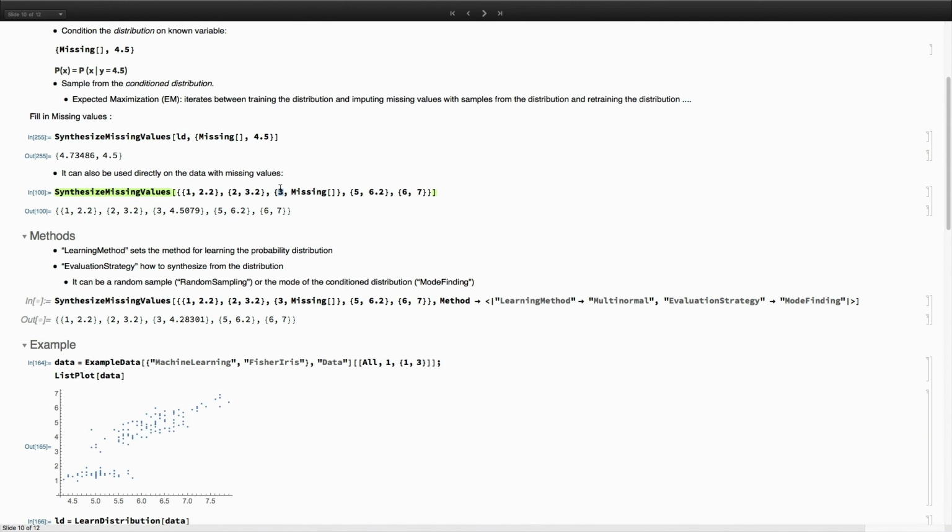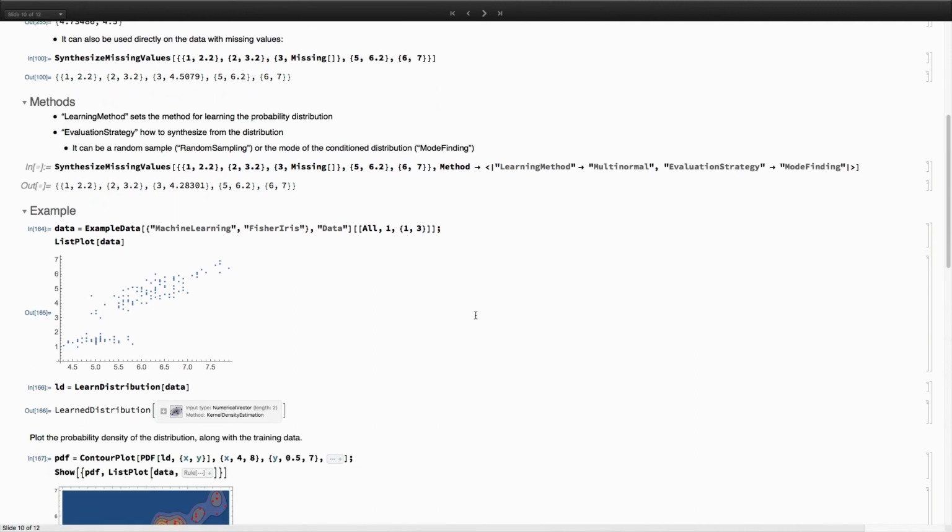There are different methods that you can use. You can draw random samples from the conditional distributions by asking for the evaluation strategy to be random sample, or you can ask for the mode of the distribution with the mode finding sub-option. And the learning method would ask what type of method for learn distribution to use.